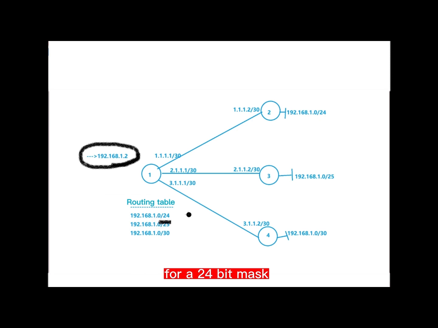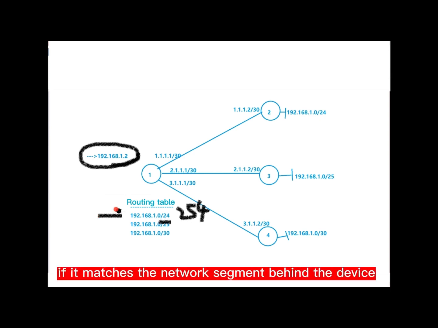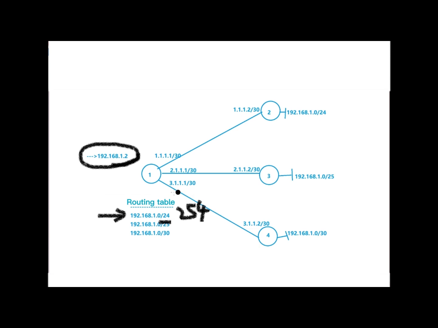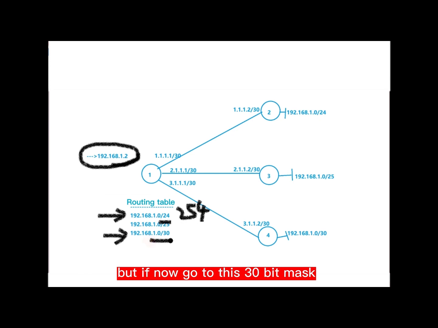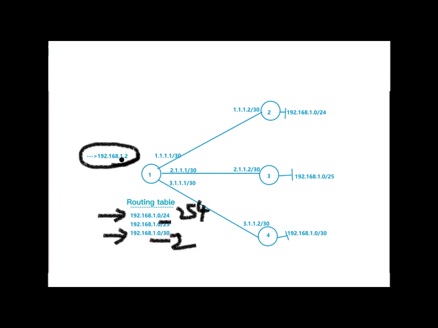For a 24-bit mask, there are 254 usable addresses inside. That is, if it matches the network segment behind the device, it has 254 addresses to match. But with the 30-bit mask, it only has 2 precise addresses.